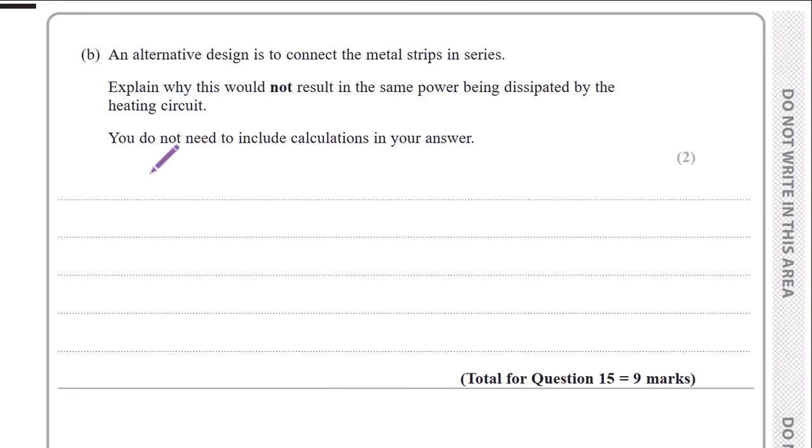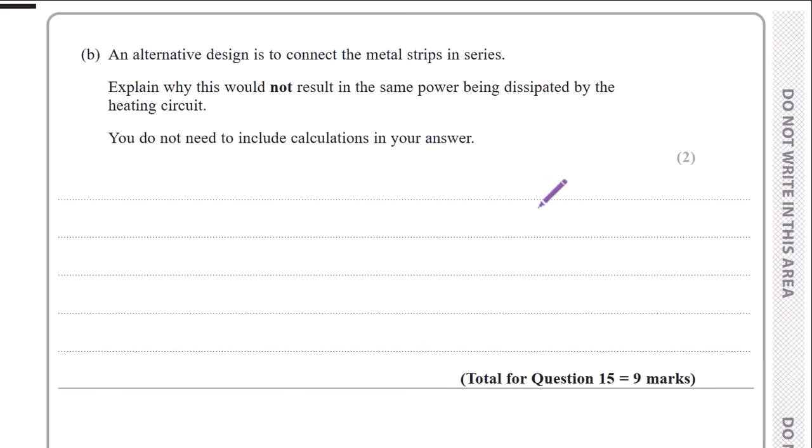So what happens is when you connect resistors in parallel, the total resistance decreases. Do you remember we were finding the total resistance of the 11 metal strips in parallel, so we divided by, right? And conversely, if you connect them in series, you multiply with 11, right? So the total resistance increases, but the total PD remains the same because it's from the battery.